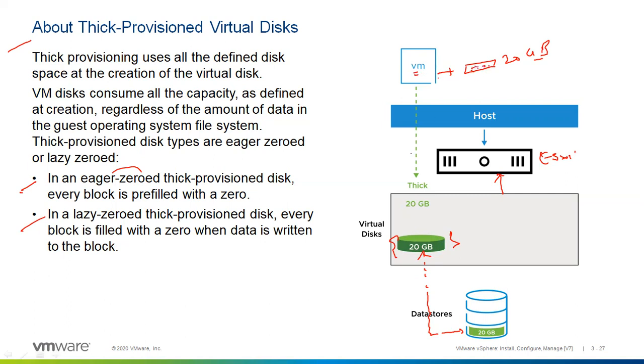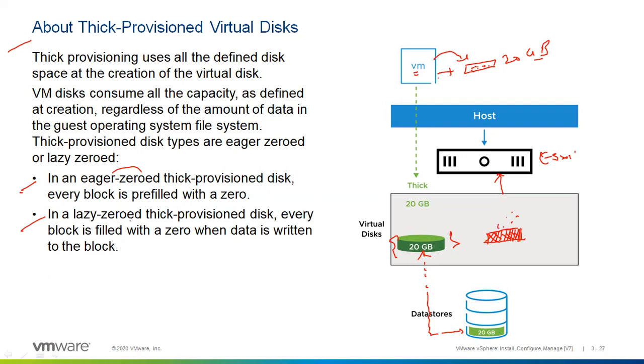On the VM it is a disk, but here it is a file, and it will consume the equal amount of space. So it does not matter whether the VM actually wrote the same amount of data or not. Whatever the size being considered, it will do a zeroed formatting. When I say zeroed formatting, it will consume the whole space automatically, whether data is there or not.